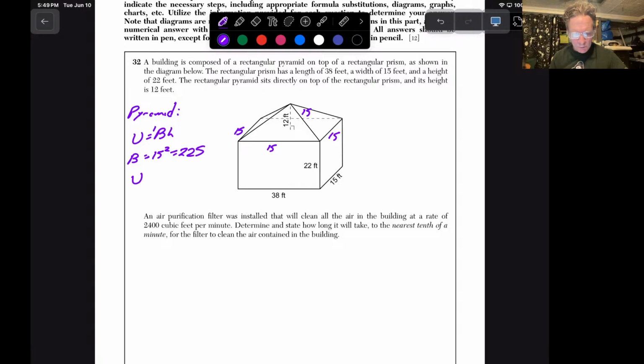Oh, by the way, it's 1/3 area of the base times the height, right? Don't mess that up. Actually, if you made that mistake, you would lose 1 point out of 4, to let you know. So it's going to be 225 because our height is 12.